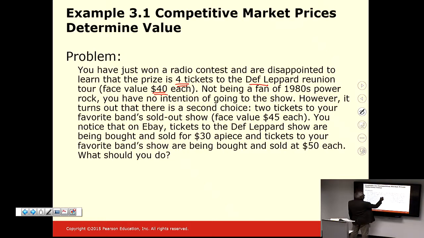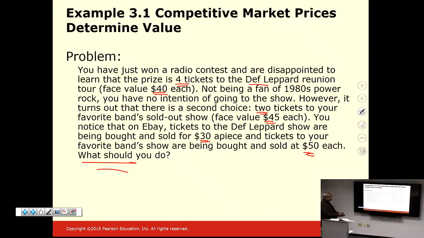But you also find out there's a second show, and 2 tickets are being sold at a face value of $45. You notice that on eBay, the tickets to the Def Leppard show are being bought and sold for $30 a piece, and tickets to your favorite band are being bought and sold at $50 each. What should you do?